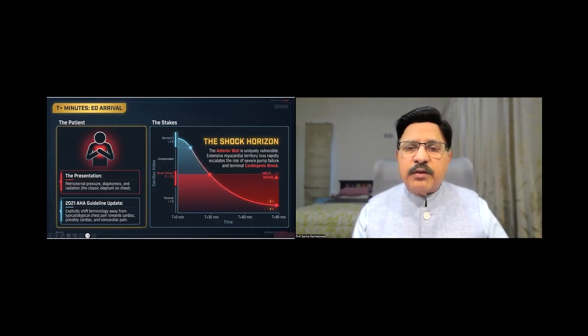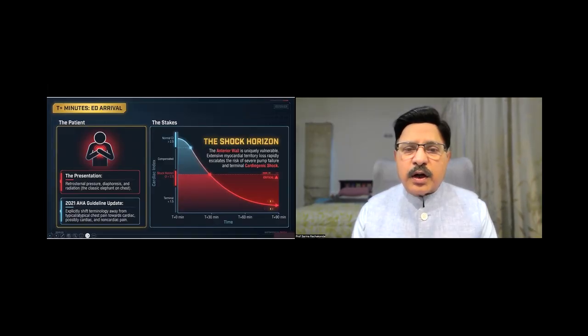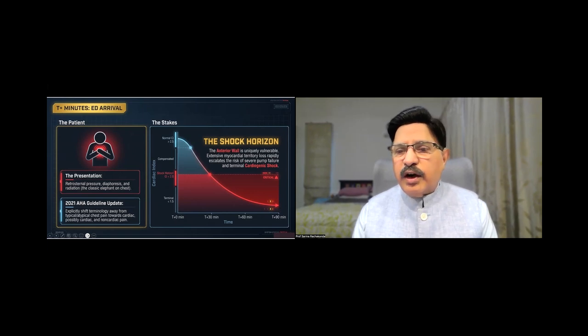Suppose the anterior wall is impacted and the ST segment elevation starts. Normal cardiac output, more than 2.5 liters, is compensated in the beginning, then shock comes, that is cardiac index less than 2, and terminal less than 1.5, and then the graph goes down and down like that.